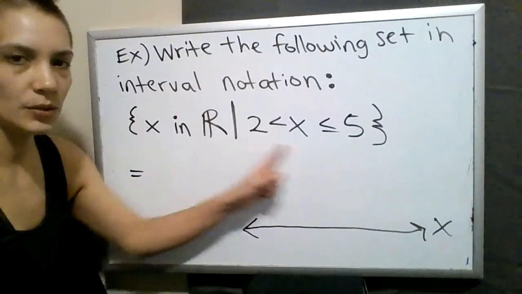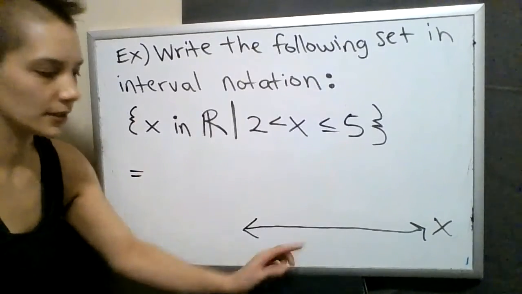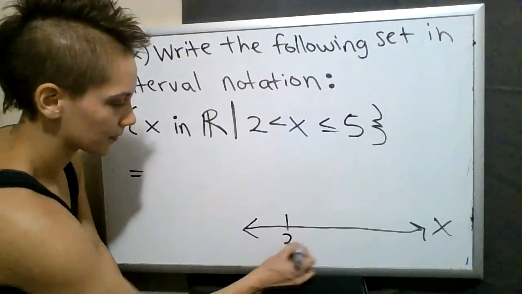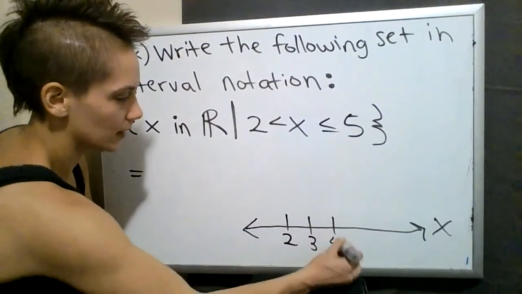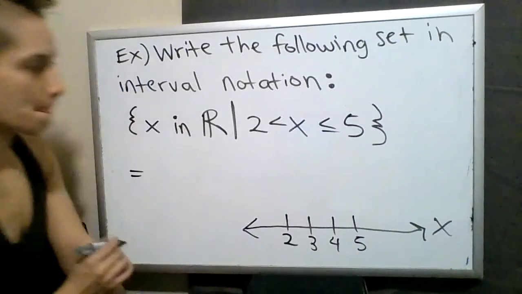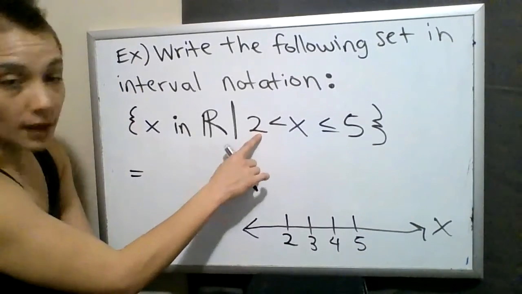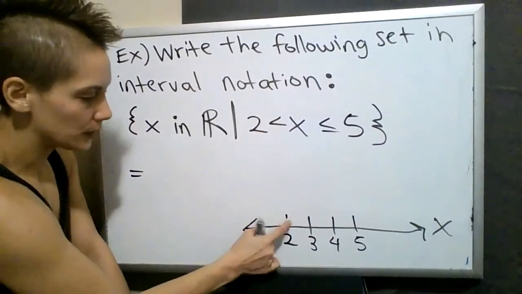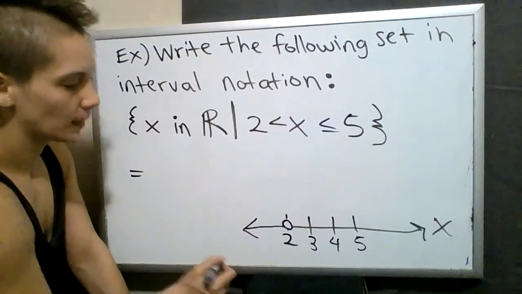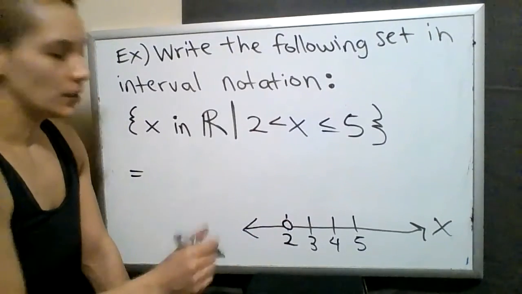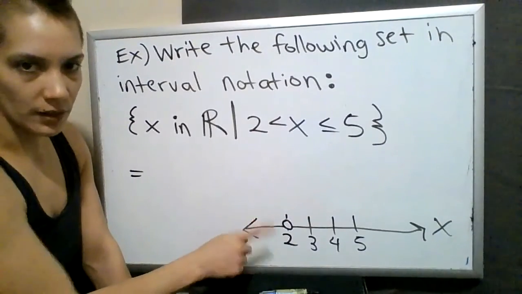I want to place 2 and 5 on the graph. I will not include 2, so it has an open circle. Actually, we're going to do some scratch work on our graph.